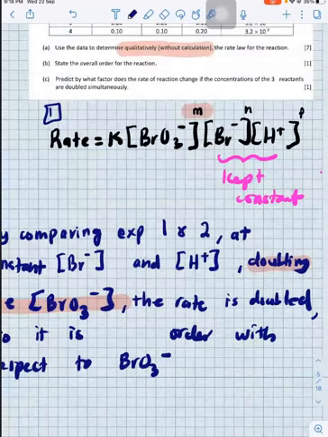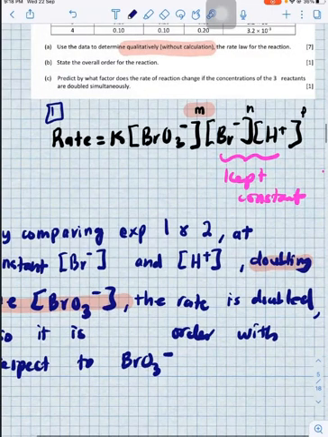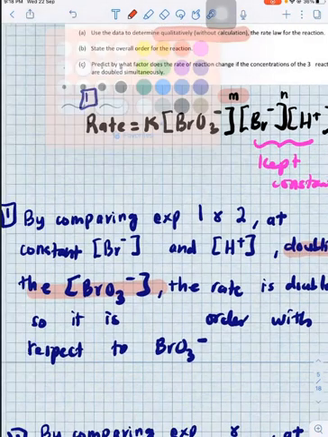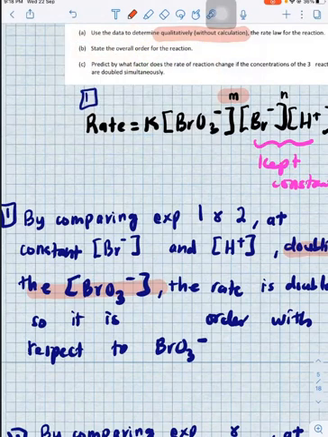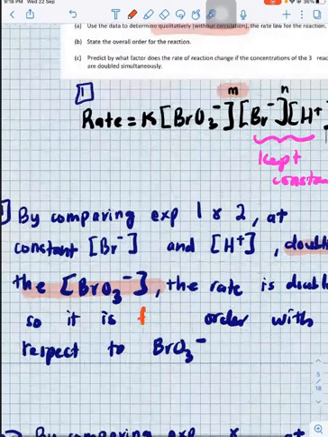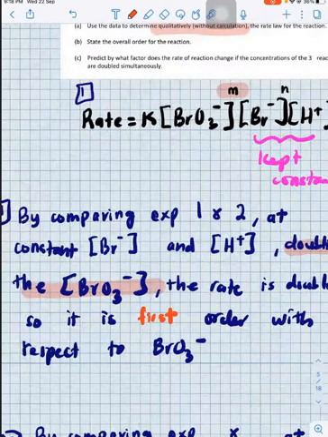Tadi dah tengok rate is also double. So meaning that our reaction is at first order, kalau konsep dia sama, double. So it is first order with respect to BrO3-. So kita tahulah nilai m kita kat sini adalah 1.